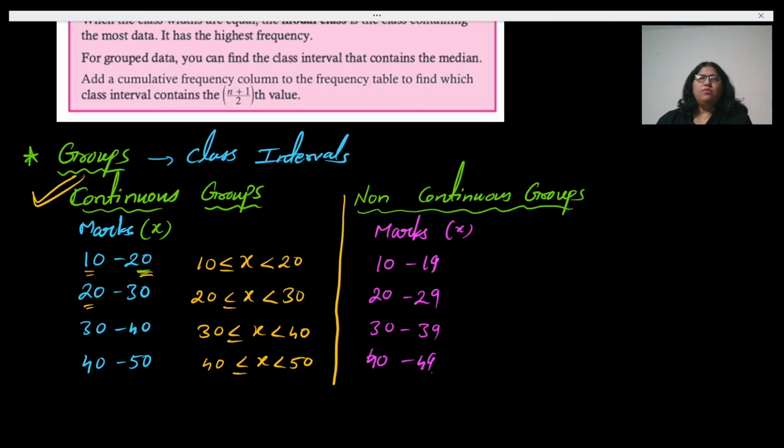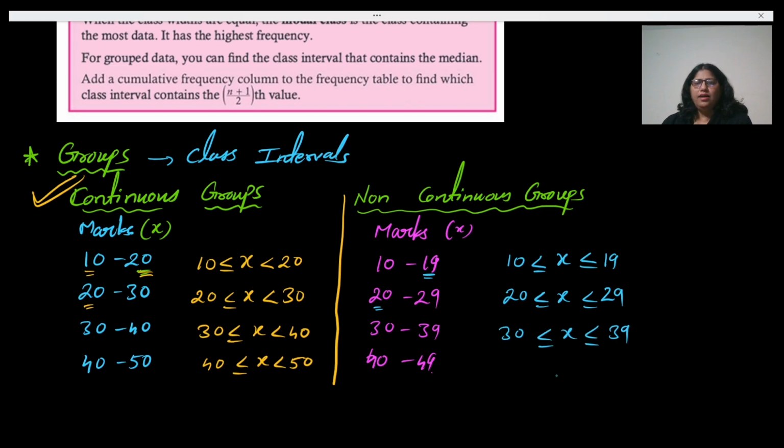Because there is a gap, you can see it is 19 but the next starts with 20. This means 10 and 19 are both included in the same interval. Likewise 20 and 29 are both included, and 30 and 39 are both included in the same interval.